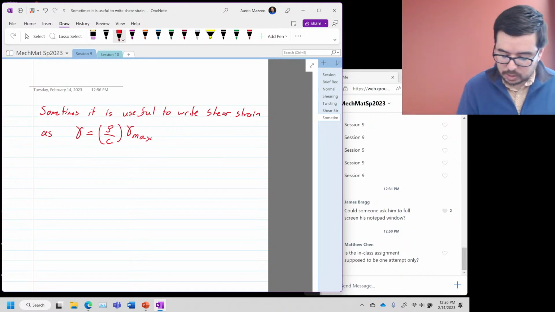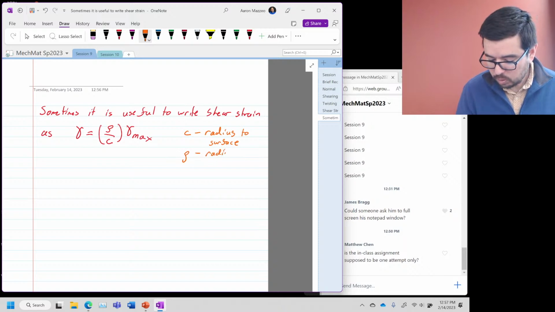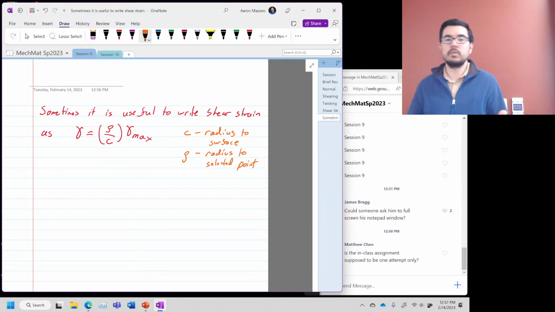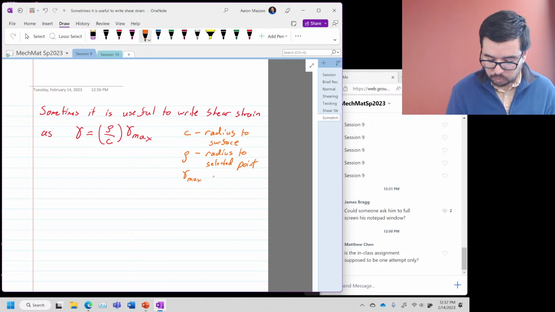So what is this? C is the radius to the surface, I guess you could say. Rho is the radius to the selected point. And gamma max is the maximum, which is going to be at the surface. So max shear strain at surface.